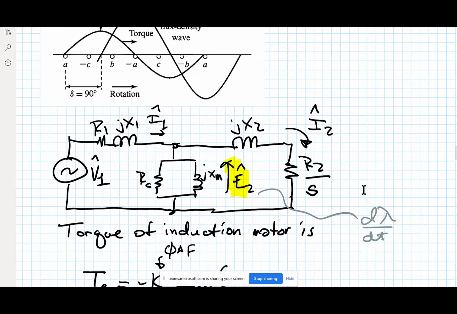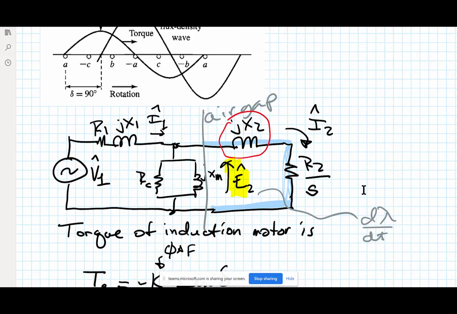So this is the rotor circuit right here, and it's applied across the air gap. So you have your air gap here, and it looks purely resistive. Except for this. If you ignored this guy right here, it looks like a resistor.